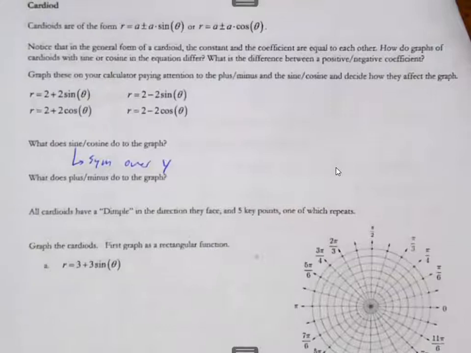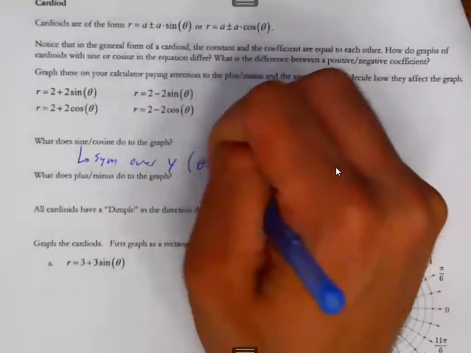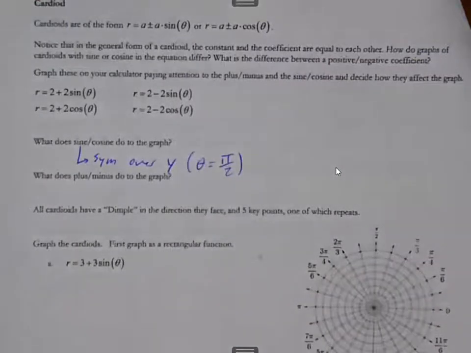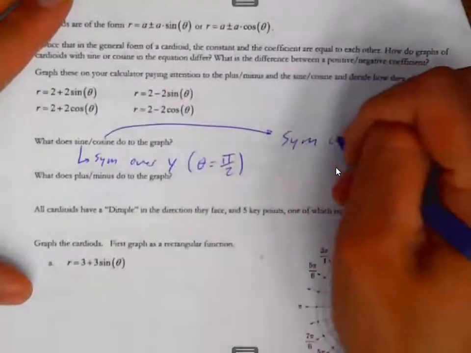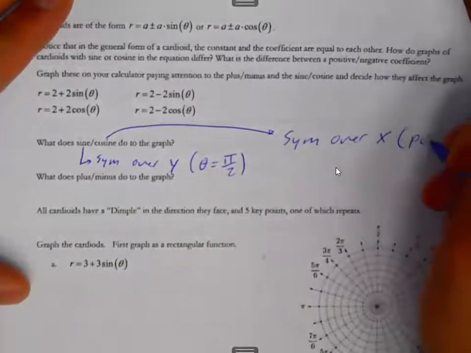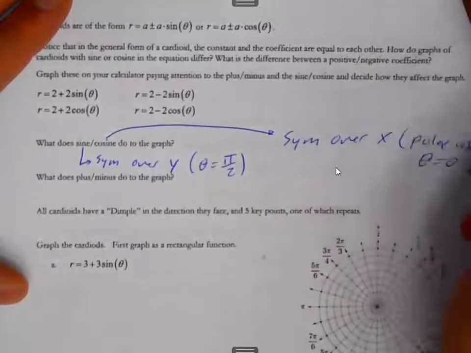And really, that's not called the y-axis. That's really theta equals pi over 2. But we all know it's the y-axis. And then cosine is symmetric over the x-axis, which is really the polar axis, where theta equals 0.